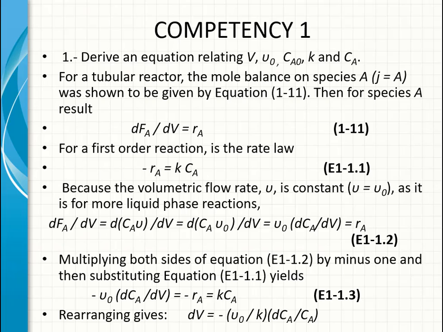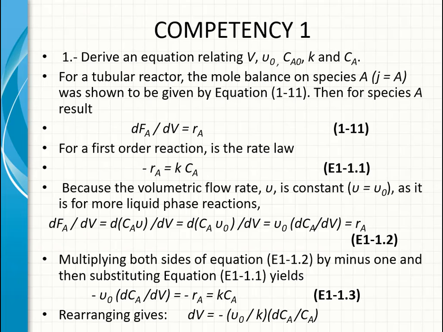For a tubular reactor, the mole balance on species A was shown to be given by the equation dFA divided by dV is equal to Ra. And for a first-order reaction, the rate law is that the rate minus Ra is equal to K, the rate constant, times the concentration of A.